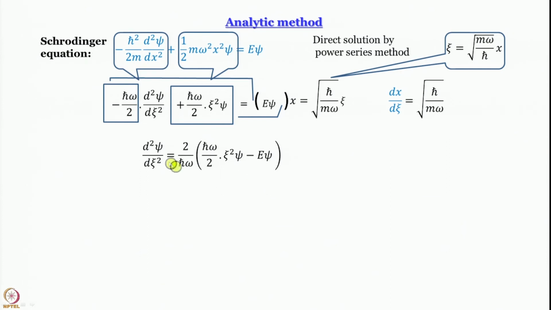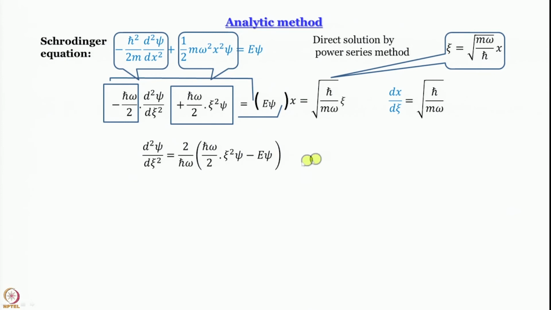You can see it is just algebraic manipulation, not very difficult to understand. So, on the right hand side we have 2 by h cross omega multiplied by h cross omega by 2 xi square psi minus E psi. Both terms are psi multiplied by some constant, so you can take psi common outside the bracket.